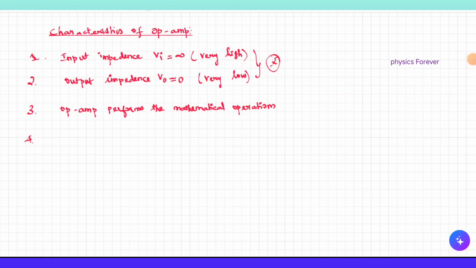Then fourth point, an op-amp acts as a summing amplifier, that is an adder. Then another one is a differentiator, then another one is an integrator, and comparator.